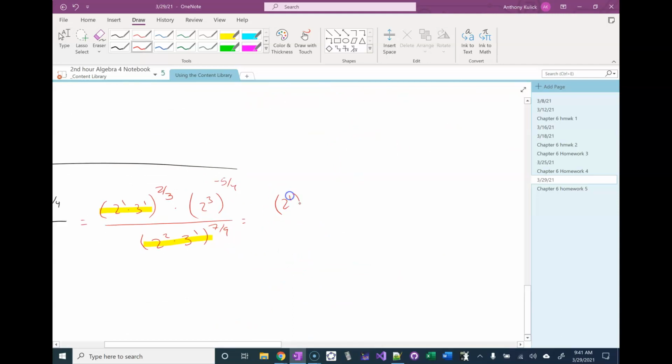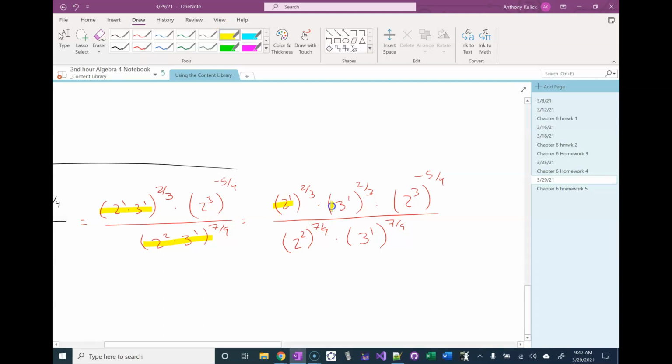So I have 2 to the 1st to the 2/3, and then 3 to the 1st to the 2/3. That other piece I'm not going to do anything with right this second. And in the denominator, I have 2 squared to the 7/9, and 3 to the 1st to the 7/9. So far, so good.